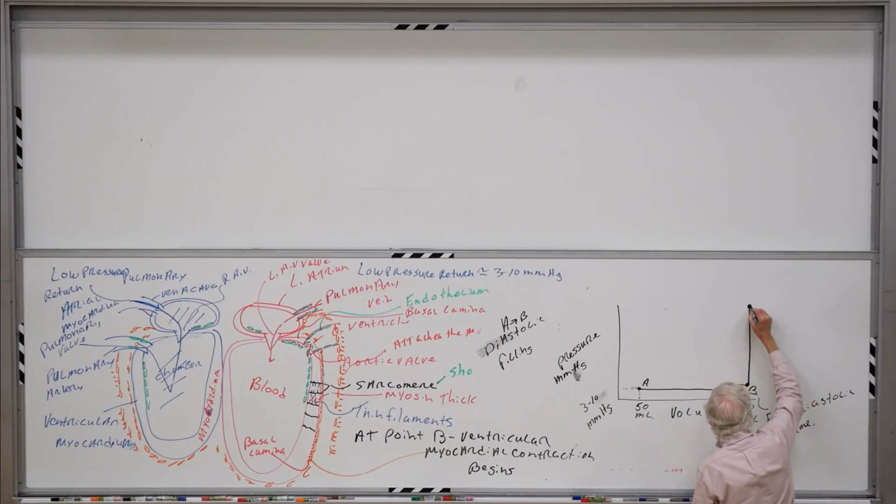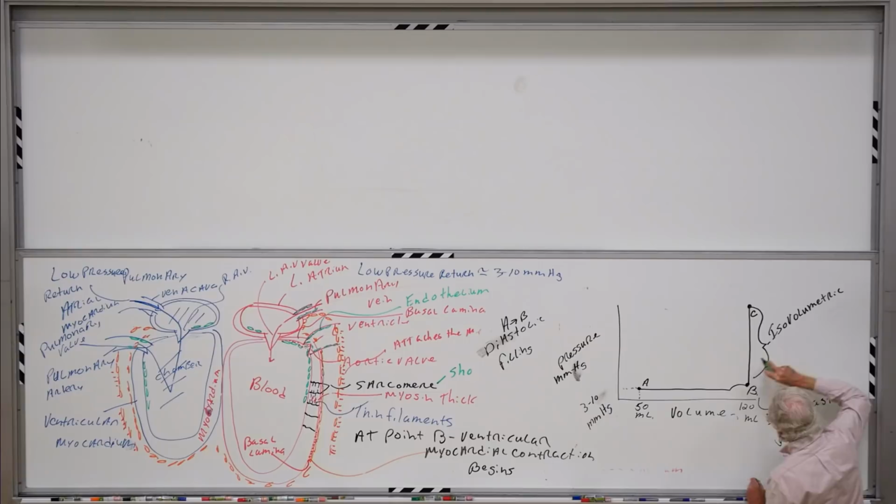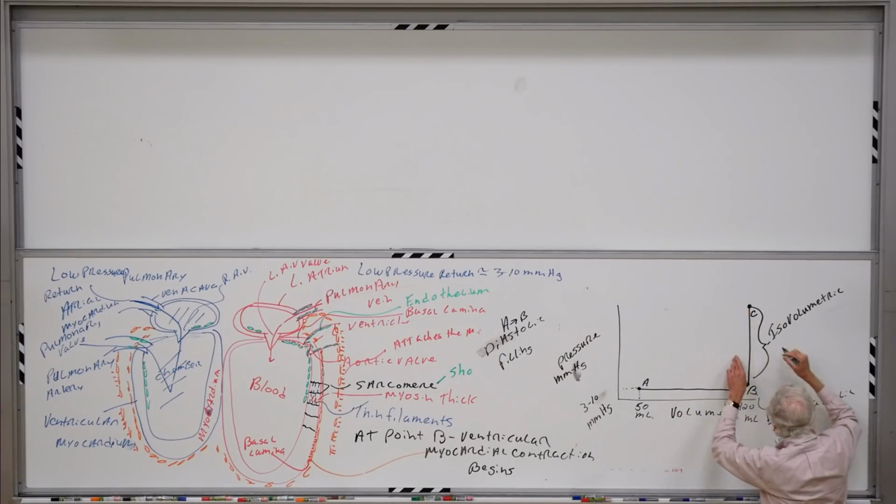This period between point B and point C is said to be the period of iso, meaning same, volumetric. So note that there's no change in the volume. So this is isovolumetric contraction.